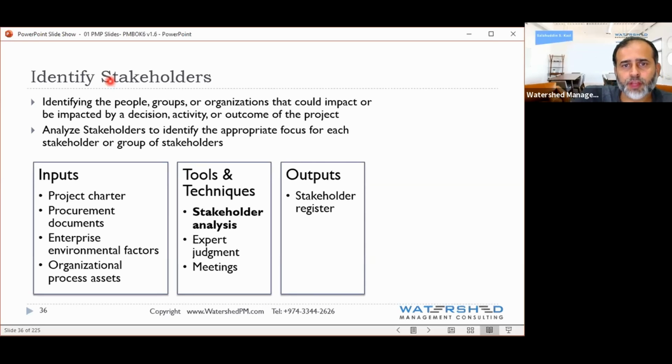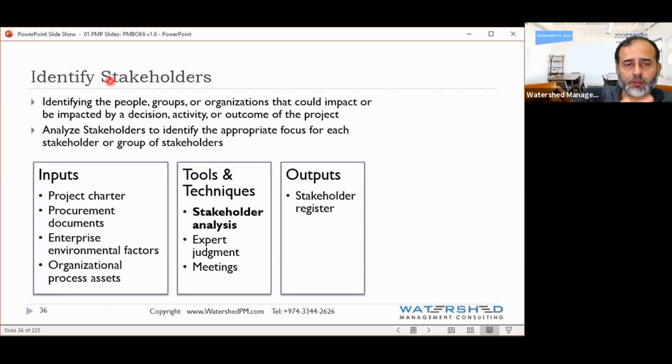If you are a construction company and you get one more construction project, can't you identify all the stakeholders even before planning? This is why it's put here, even before planning.